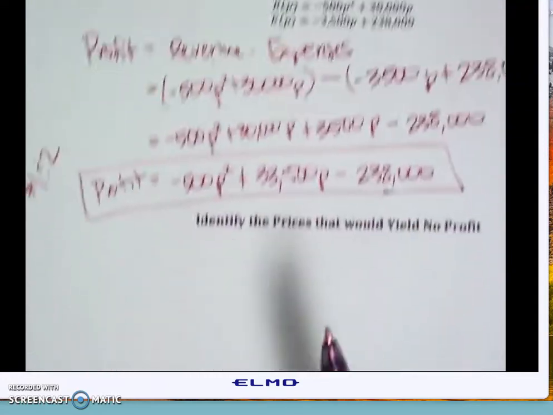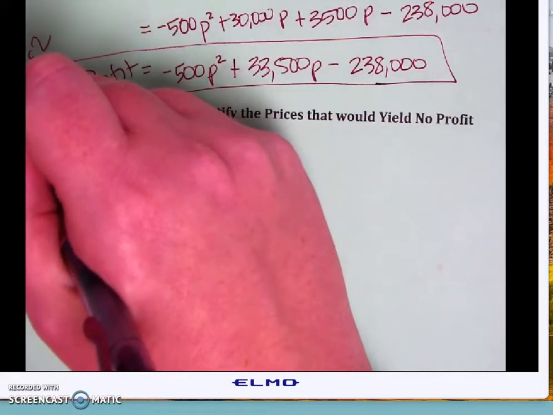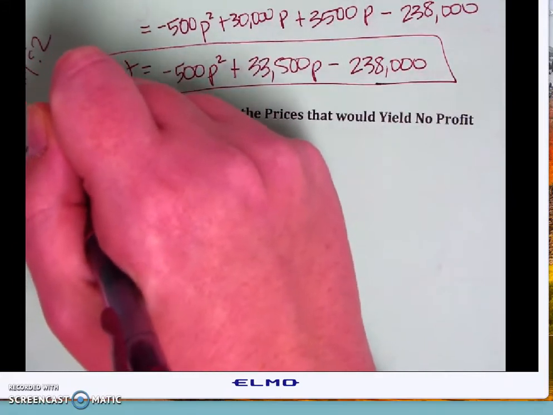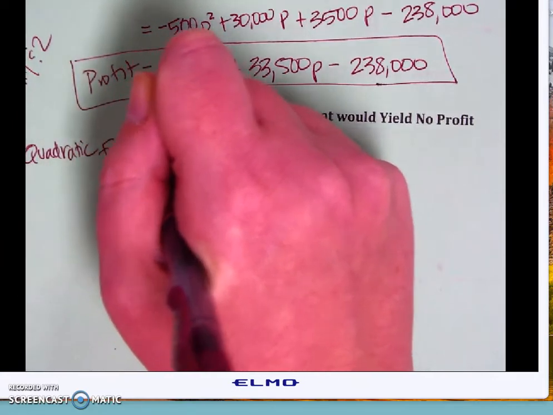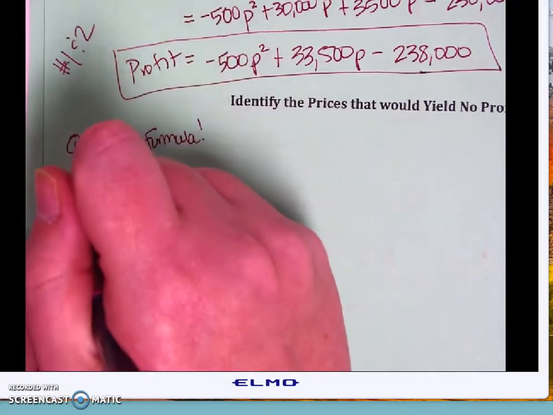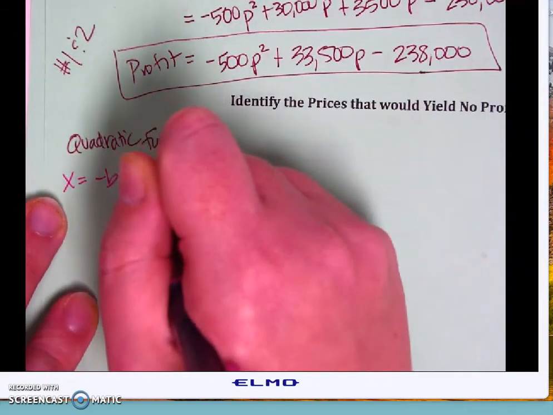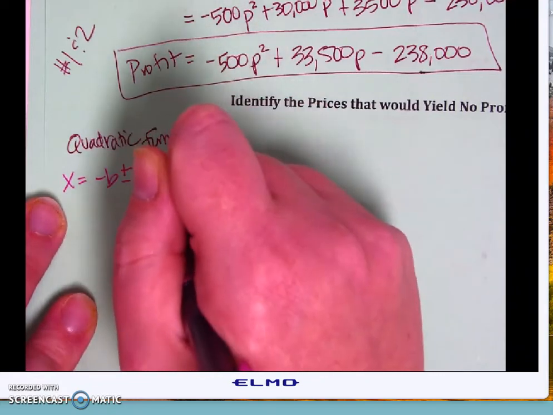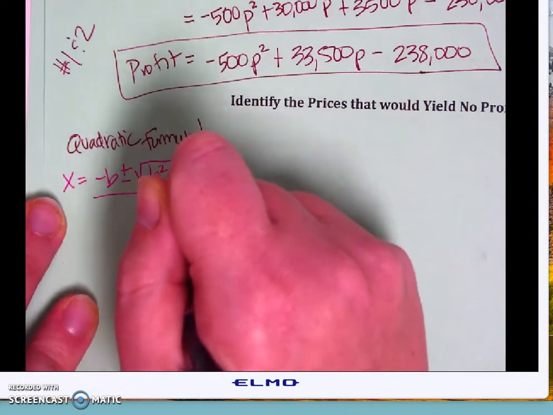So if we're finding the x-intercepts, we're going to use the quadratic formula. Okay. So the quadratic formula is x equals negative b plus or minus the square root of b squared minus 4ac, all over 2a.